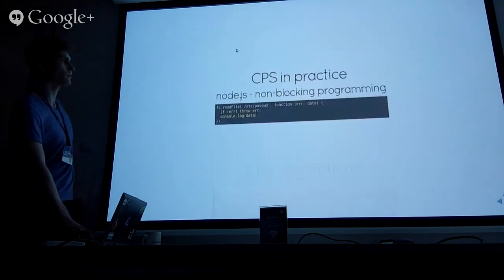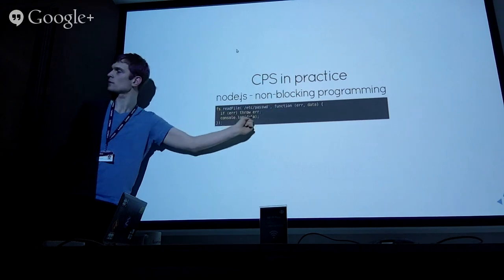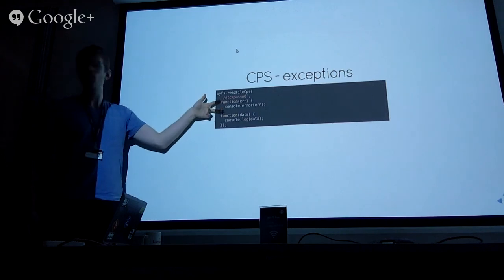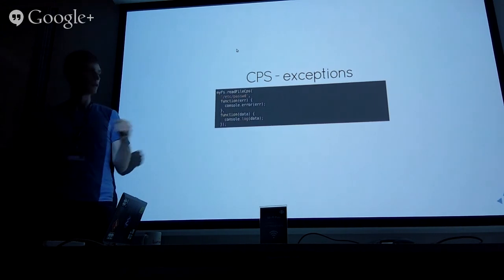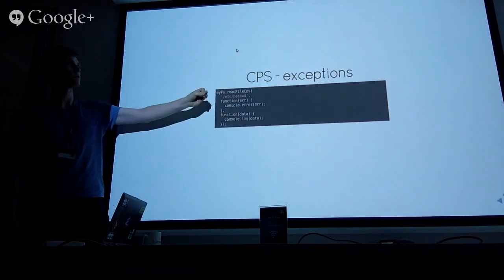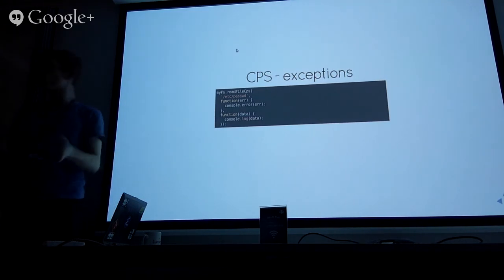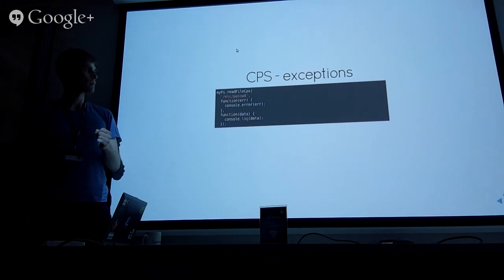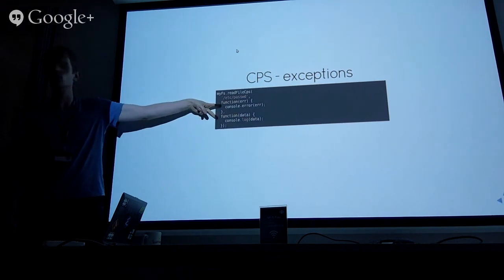When there is some kind of error, instead of invoking the function with two arguments, first null and second the error, we can invoke this particular function, which will be our error callback or error continuation. It will do something with the error. And if there weren't any errors, we could just use the continuation for the OK scenario, for example with the data. So what we can see here is actually that we have two continuations.